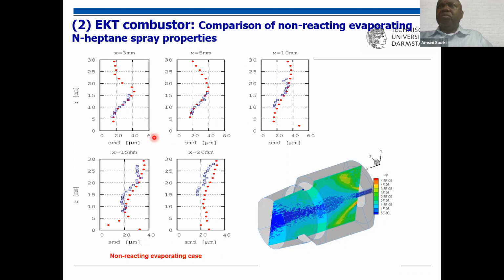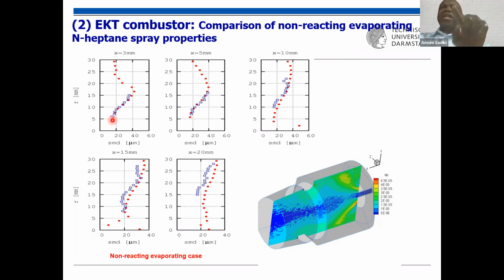And we see, if we compare with the experiment, the blue dots are experimental data. And we could observe that our results agree well with the experimental data. But here we can see something which is very interesting. Because the experiment is restricted in capturing the behavior of the spray because of the access to the chamber.